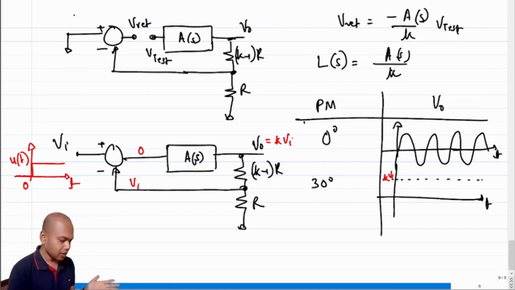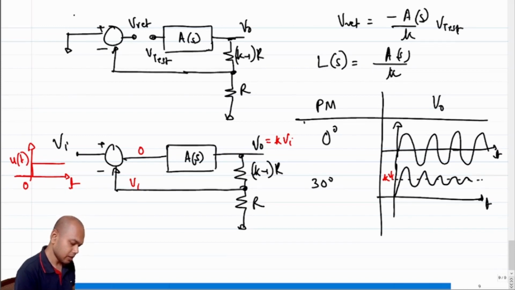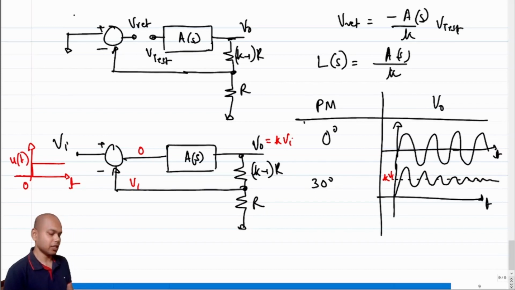However, when you give a step input, the output doesn't settle abruptly. It goes something like this and eventually settles. It rings and rings and rings and eventually settles.